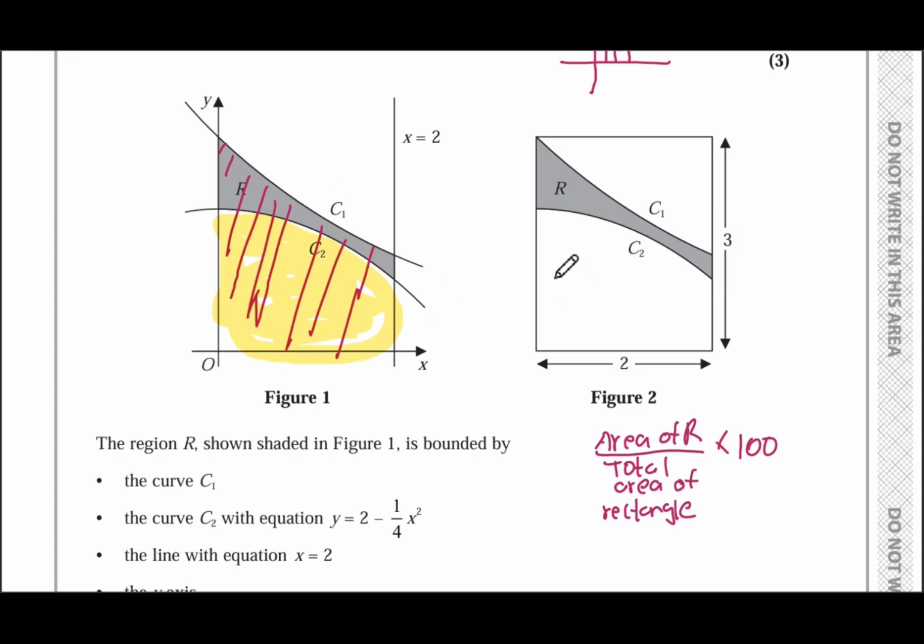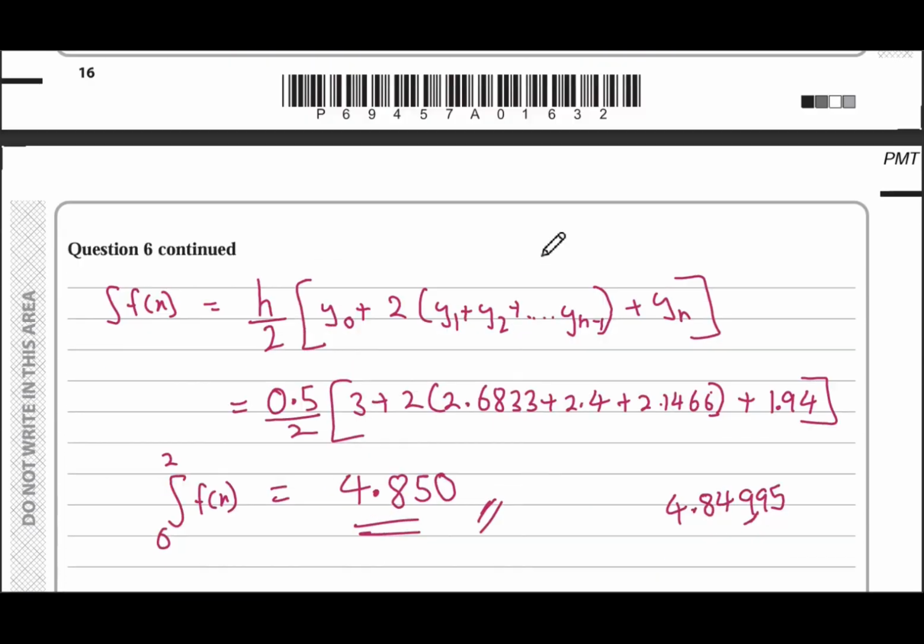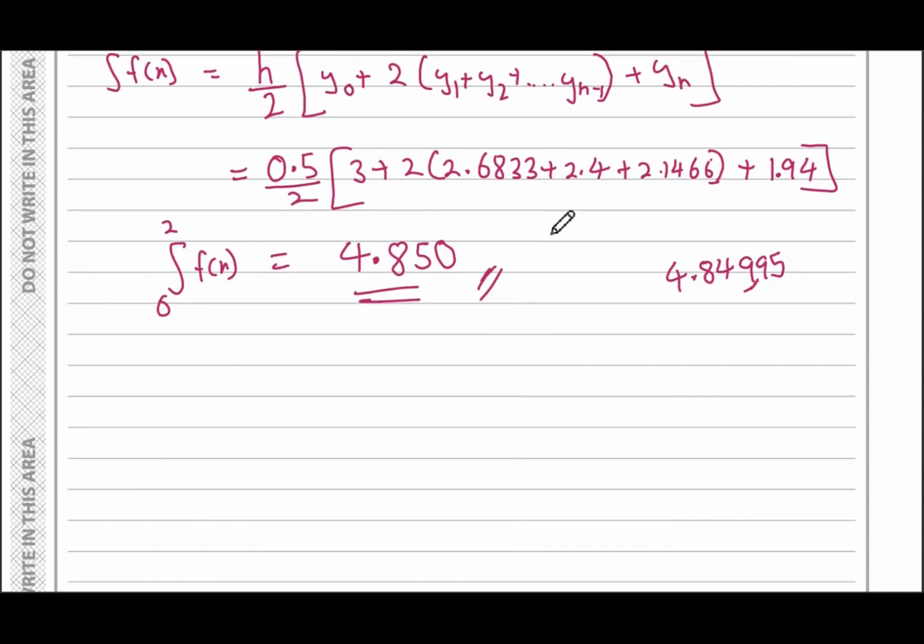Now the area under curve C1 we already found. So we'll first write an expression for part B. Area of R equals area under C1 minus area under C2.